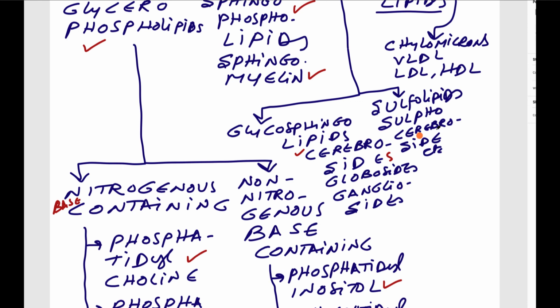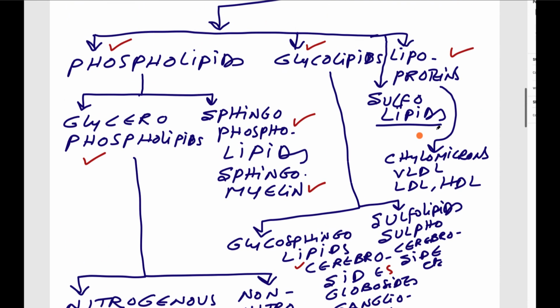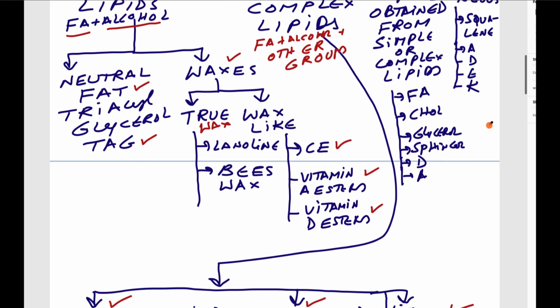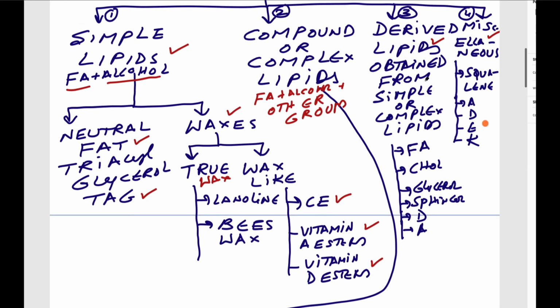Then there is another group, the lipoproteins, in combination with proteins: chylomicrons, VLDL, LDL, HDL. Next, derived lipids are obtained from simple and complex lipids on hydrolysis: fatty acids, cholesterol, glycerol, sphingol, and of course vitamins D, A, E, K. There is some difference from one book to another; vitamins A, D, E, K are also put into the miscellaneous group.